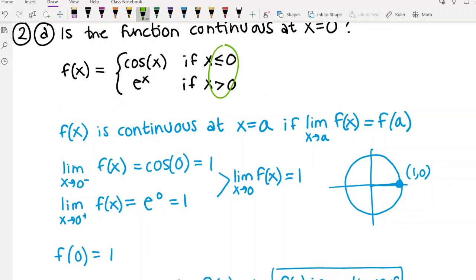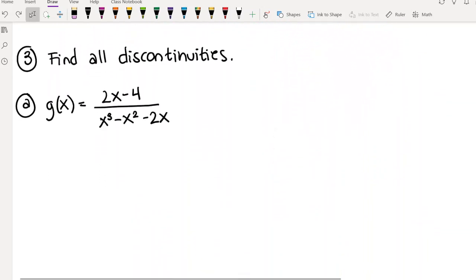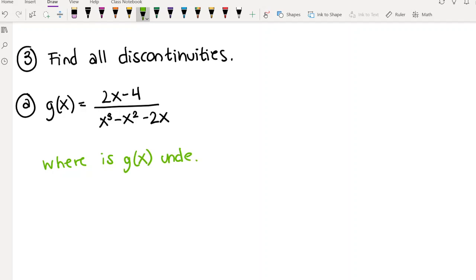Like in this example, we had to worry about 0 being continuous or not, because that's where these two pieces of the function were pasted together. If you have a function that is not a piecewise function, then the only places it could possibly be discontinuous are places where it's undefined. So we want to look at where g of x is undefined.